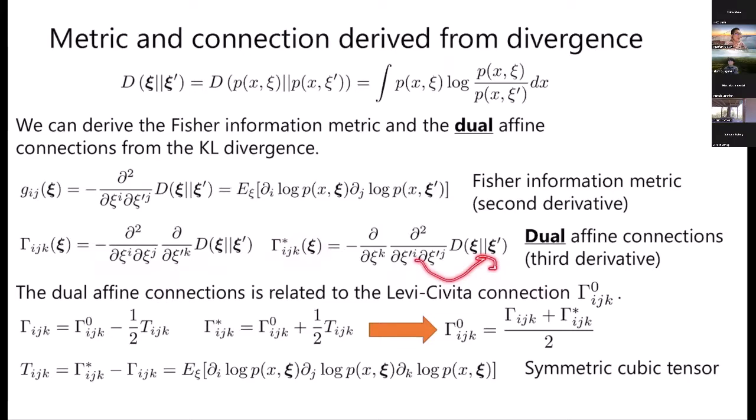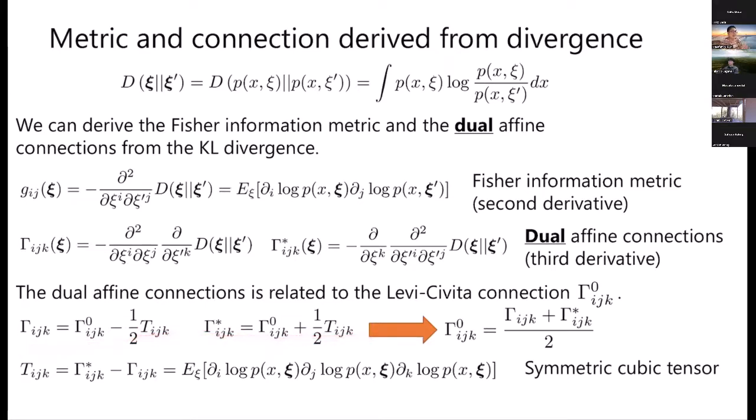That gives us two different affine connections. And these affine connections have a very nice property: they are related to the Levi-Civita connection, gamma 0, in this way.